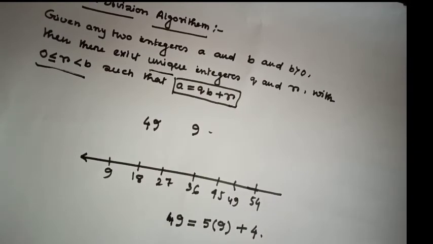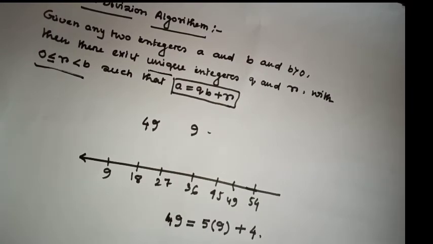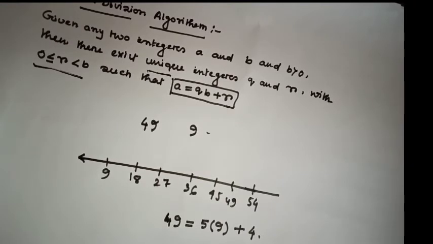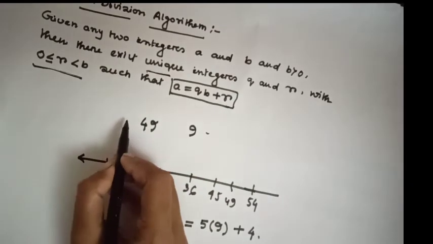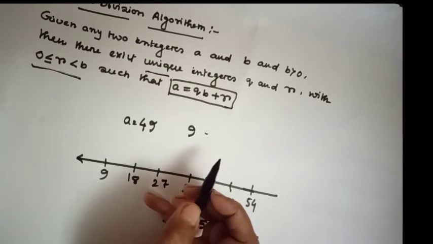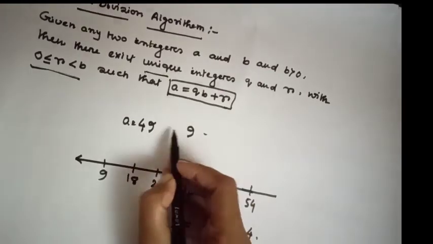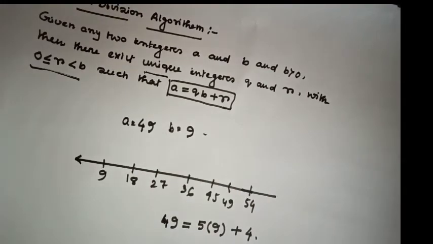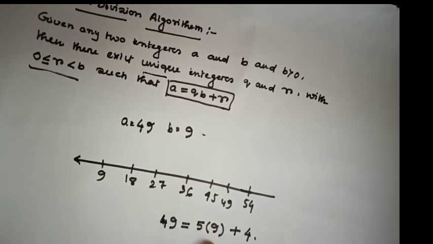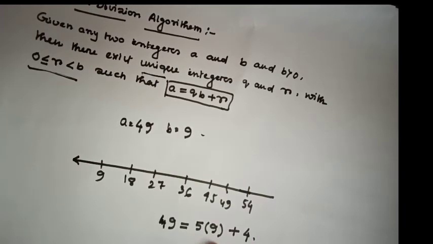Here 4 is the remainder. And this is a, and this is b, and 4 is always greater than or equal to 0 and less than 9. Have you understood?